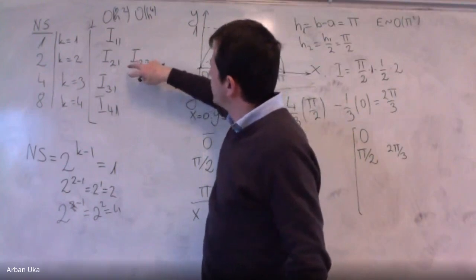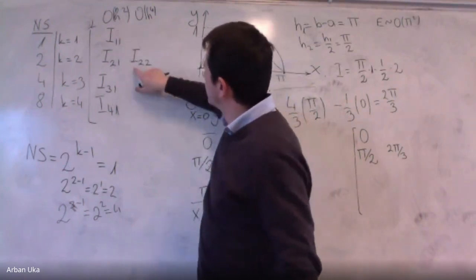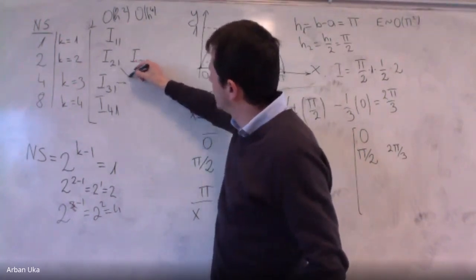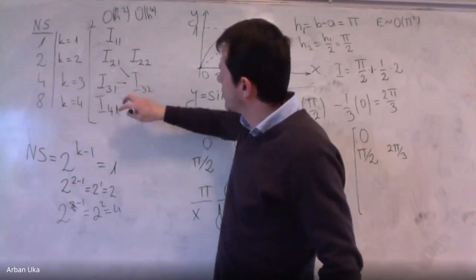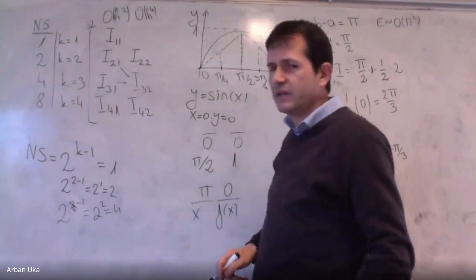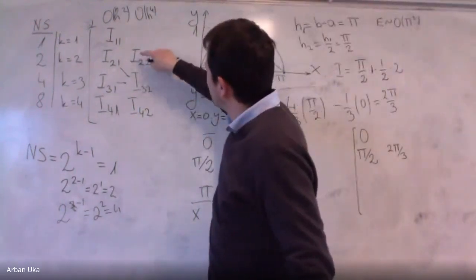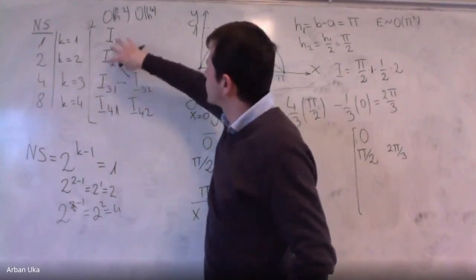But then what we can do is that after we find all of these, we can combine these two to get a new value here, which is going to be I32. And we can combine these two to get another I42. So these are byproducts of the first column.